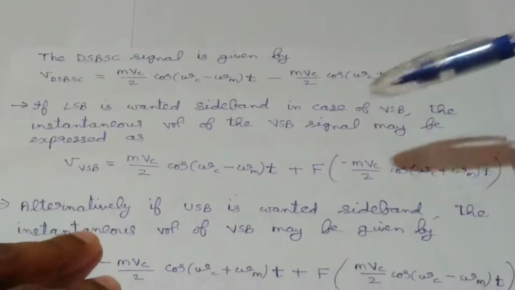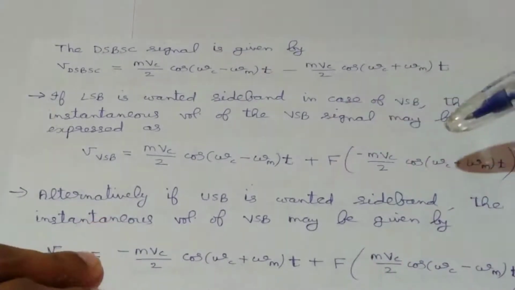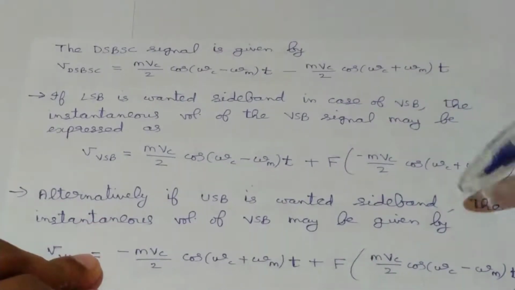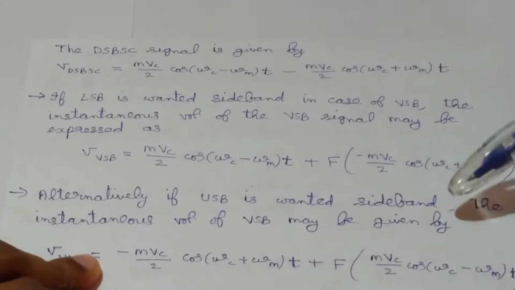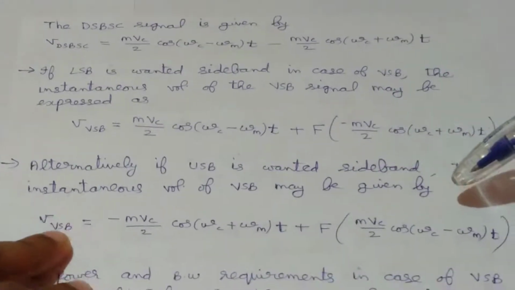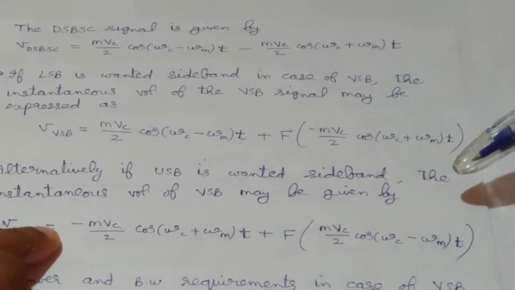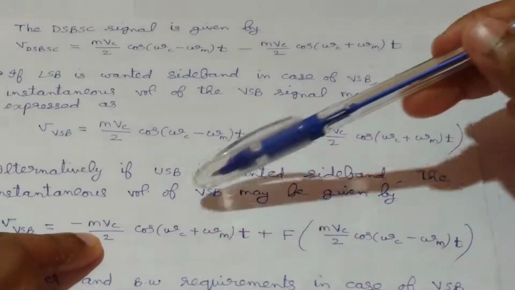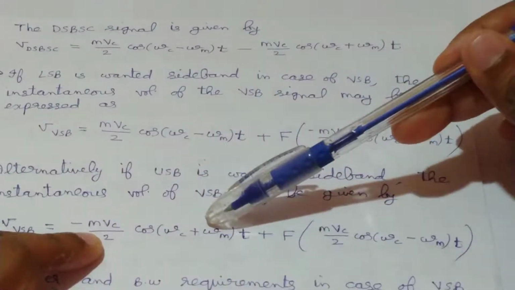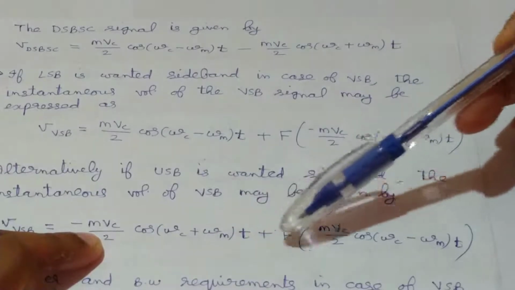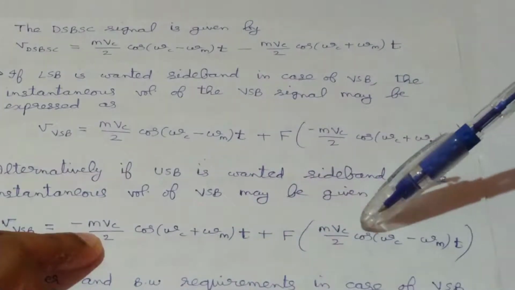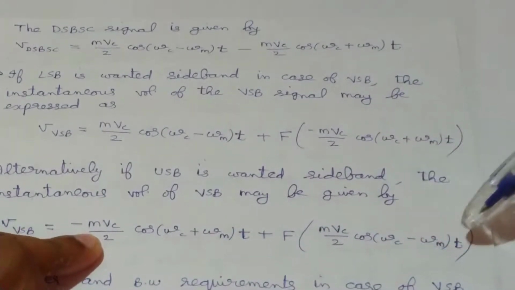Alternatively, if the upper sideband is the wanted sideband, then the instantaneous voltage of the vestigial sideband may be given by V VSB equals minus m Vc by 2 cos (omega c plus omega m) t plus a fraction of m Vc by 2 cos (omega c minus omega m) t.